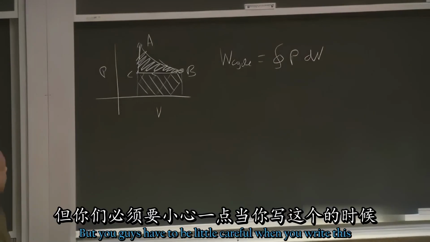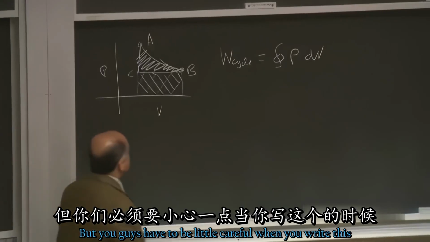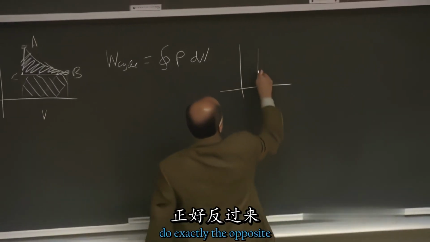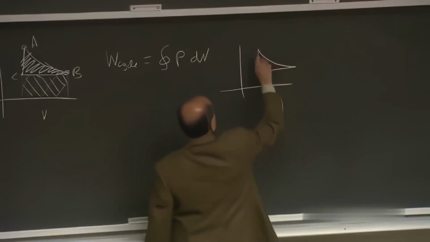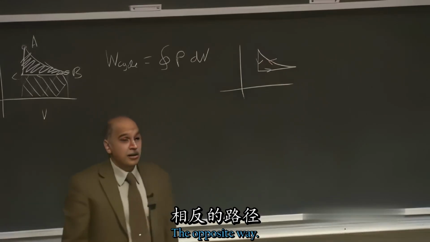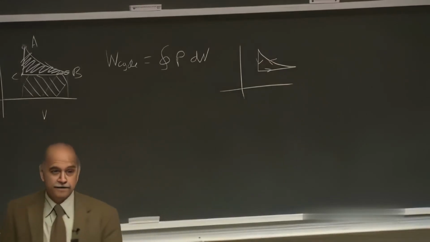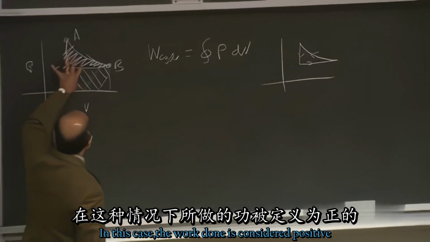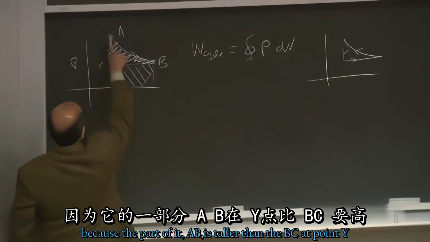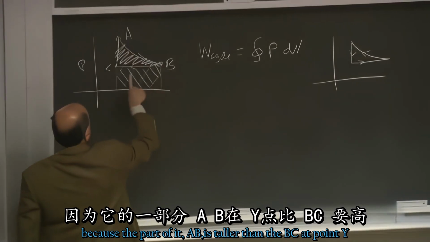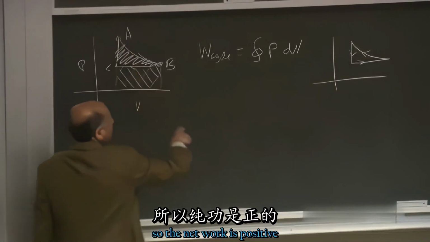But you guys have to be a little careful when you write this, because somebody else can do the following thing to the gas, do exactly the opposite. Come down like this, go down like this, and go down like that, go up like that, the opposite way. In this case, the work done is considered positive because the part of it, AB, is taller than the BC point-wise, so the net work is positive.